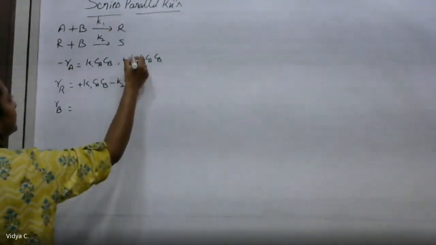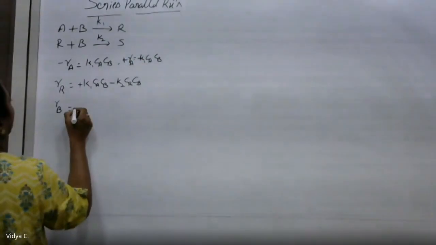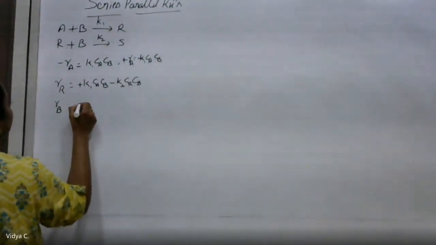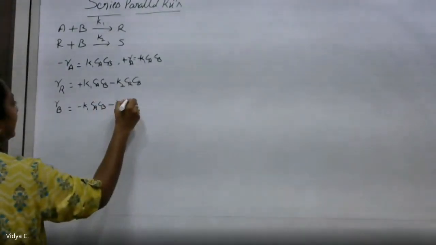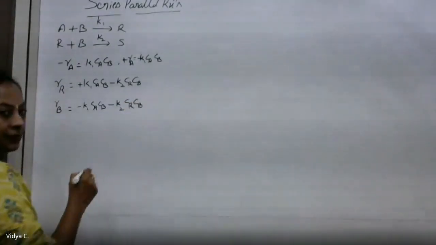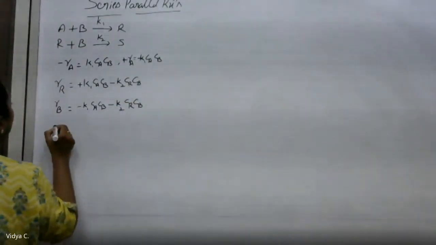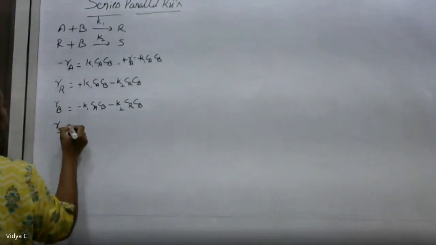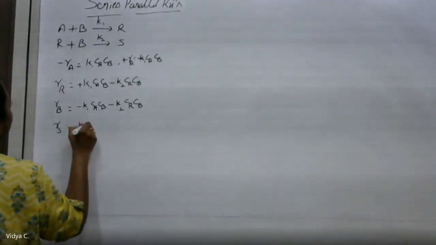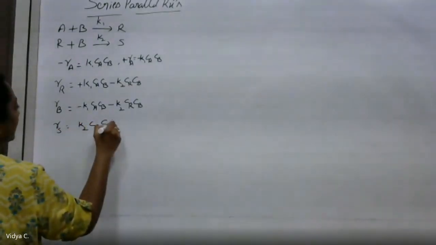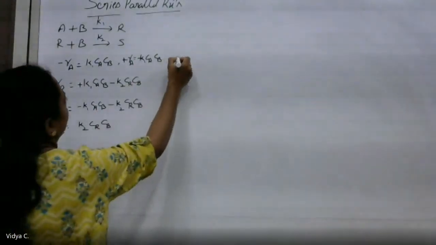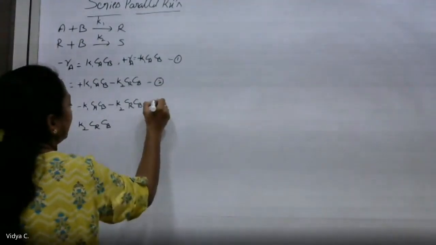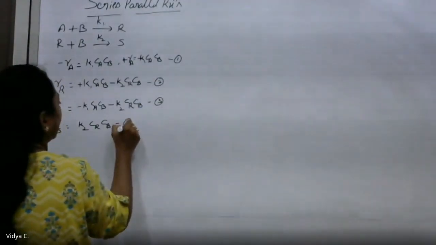RB will be minus K1 CA CB minus K2 CR CB, and RS will be K2 CR CB. This is how we write the rate equations. Let me call these 1, 2, 3, 4.